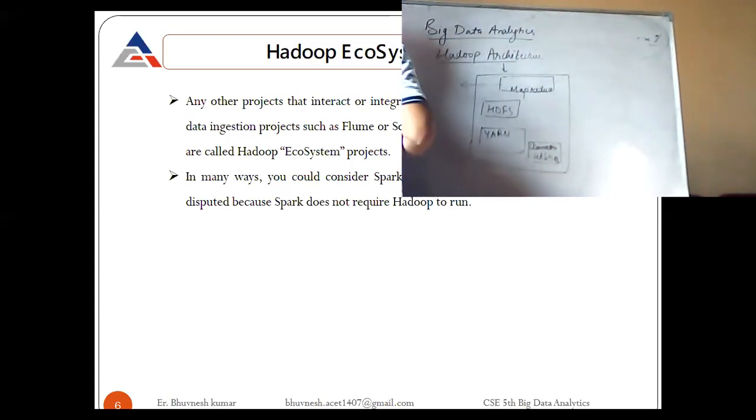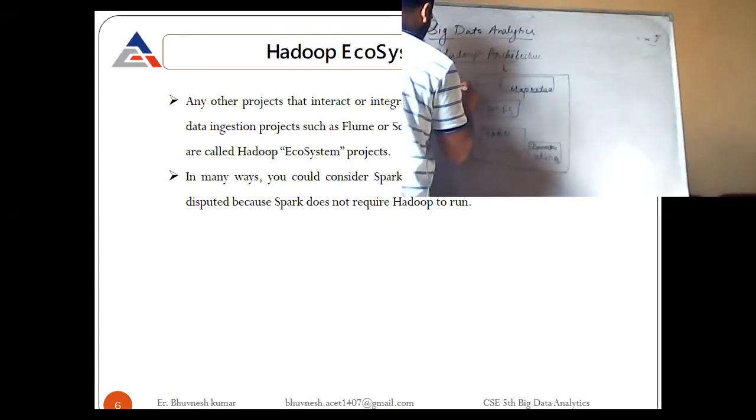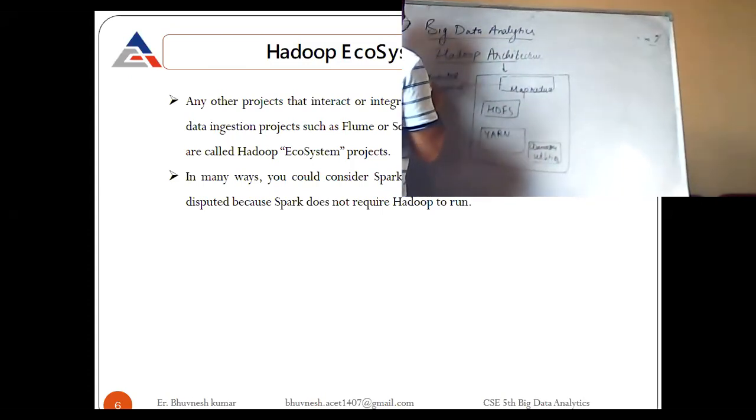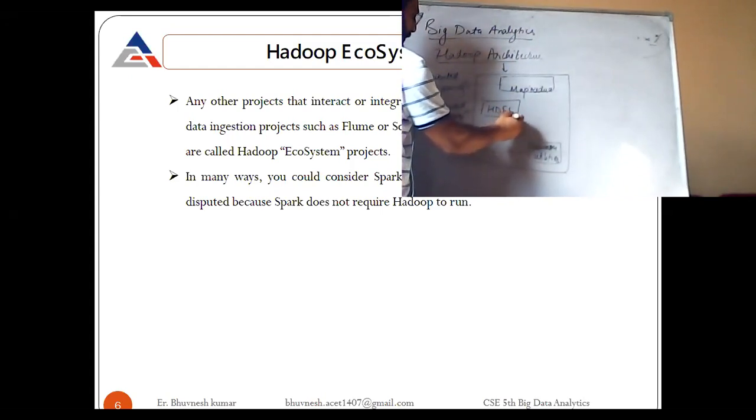MapReduce is used for distributed processing. Your distributed file processing is done by MapReduce. Then distributed storage is done by the Hadoop Distributed File System.